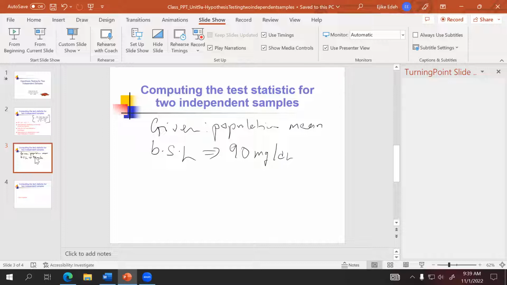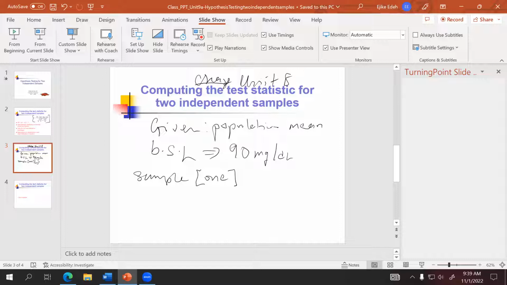So assuming this is the population value, and I'm trying to recover what we did in chapter 8, I mean in unit 8, right? Assuming this is a population value and you're asked to take just one sample and compare that with it.